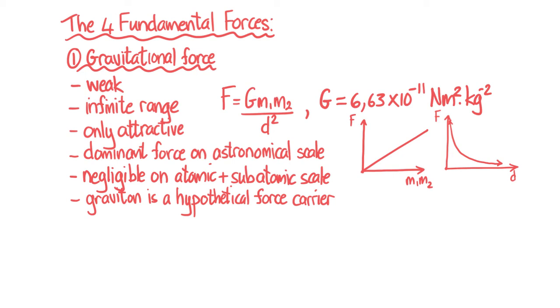On the quantum level, the masses of our particles are so small that the gravitational force is negligible. The force of gravity is inversely proportional to the distance squared between the centers of the masses. It's only attractive, and as I've mentioned, it is the dominant force only on an astronomical scale.